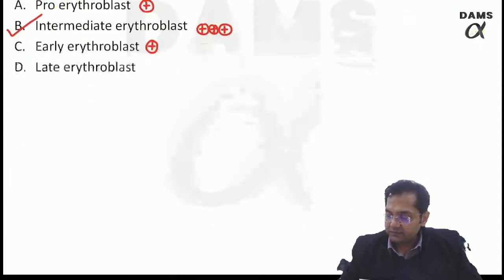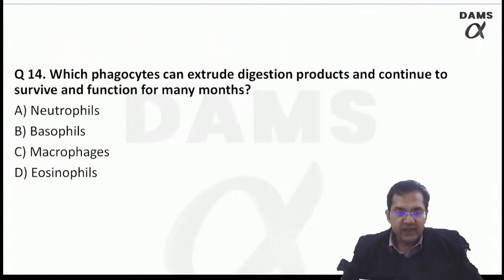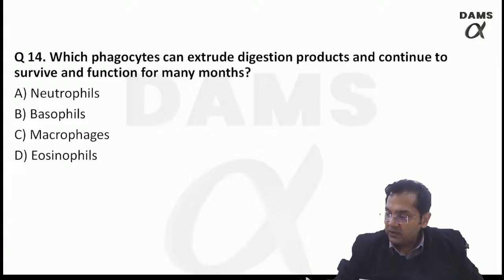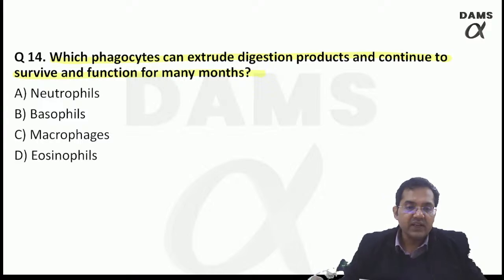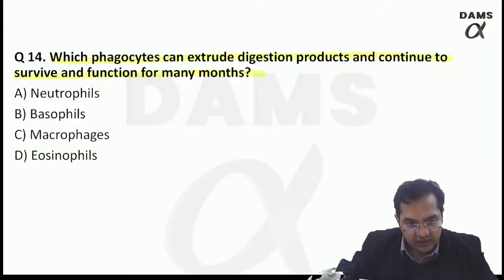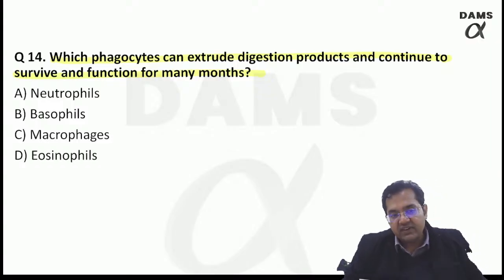Fine. Moving to question 14, which phagocytes can extrude digestion products and continue to survive and function for many months? Please remember, neutrophils cannot survive for months, they survive only a few days. Basophils have the main role in allergic reactions, and eosinophils have a role in parasitic infestation and allergies.